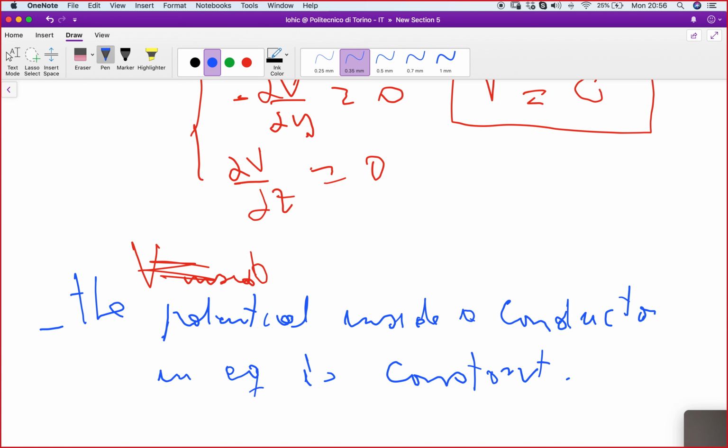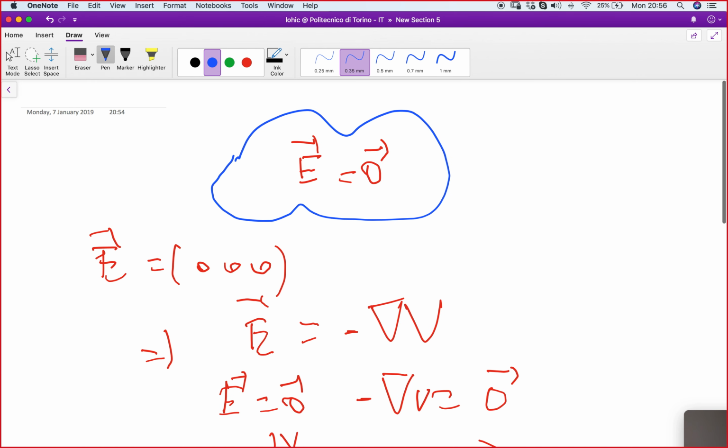Saying that it is constant means that the potential is the same everywhere, yes or not? So when I take a conductor, inside this conductor the potential everywhere is the same.